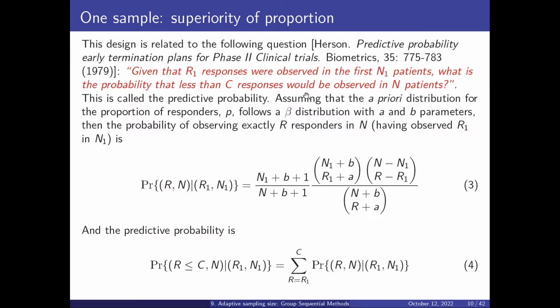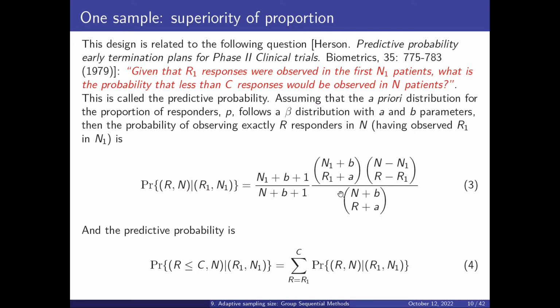We need to assume what the proportion of responders is, which we will call P, and this P follows a beta distribution with A and B parameters that we will learn how to compute. Then the probability of observing exactly R responders in N, having observed R1 in N1, is this one.